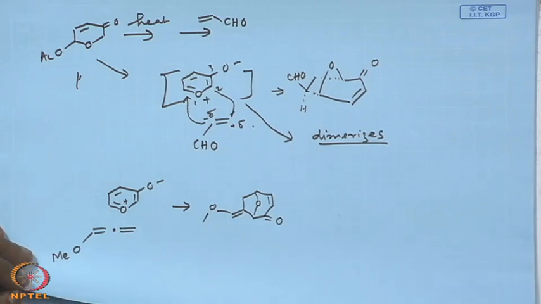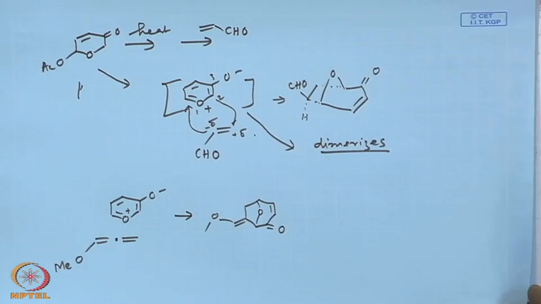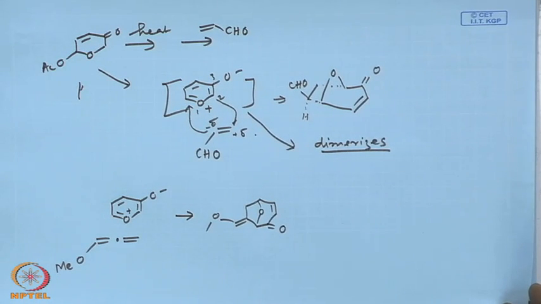So once again, what is the lesson? The lesson is that this sort of reaction would provide again a bridged alkene with an allene.